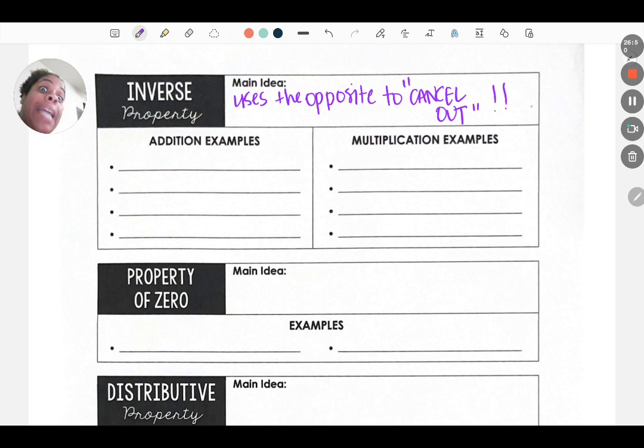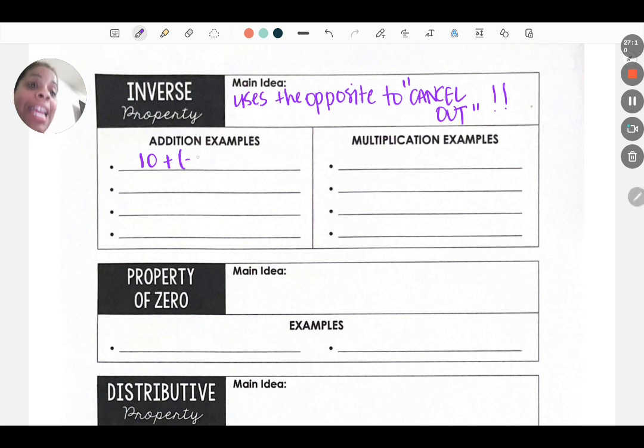All right. For example, we're doing the inverse. Whatever it says to do, we're going to do the opposite or the inverse of that. For example, we have 10 plus an inverse. What would be the opposite of 10? Negative 10.